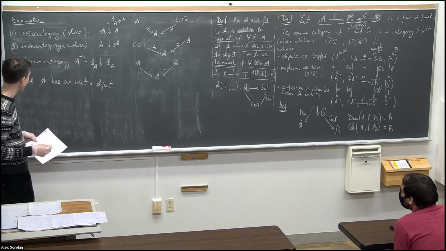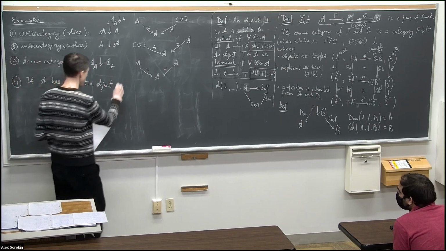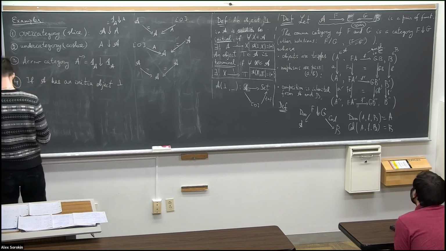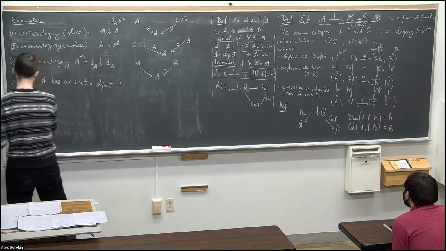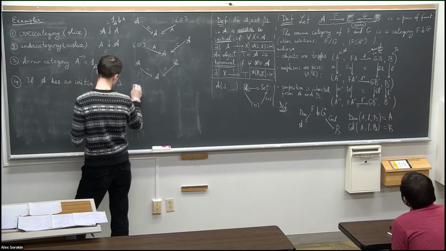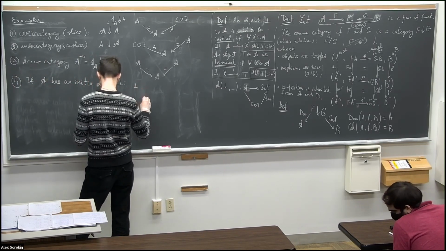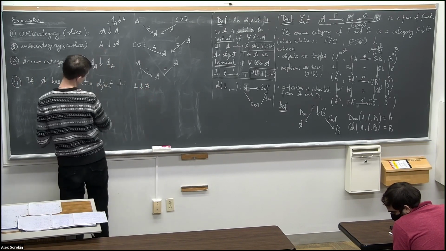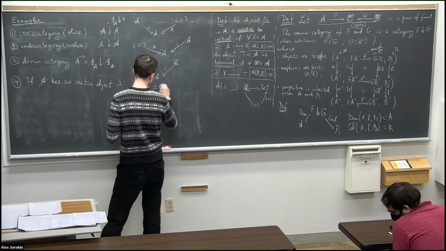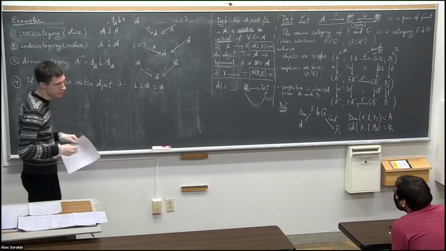If A has an initial object, then the slice category over A is equivalent to it.